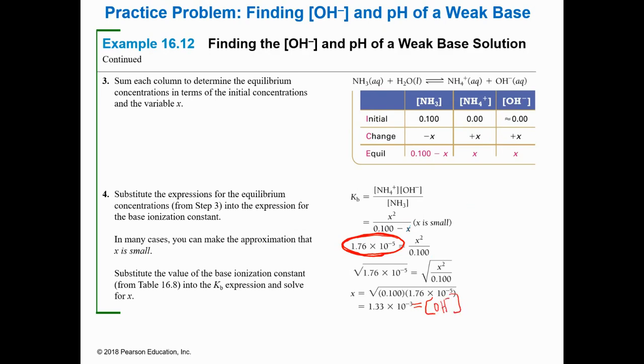It also asks for pH, so we're going to take the negative log of that for pOH. I get 2.88 is the pOH, which means our pH is 11.12.